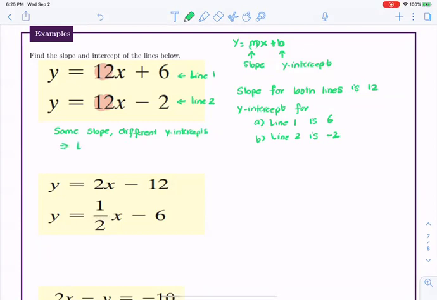This would imply line 1 and line 2 are parallel to each other.